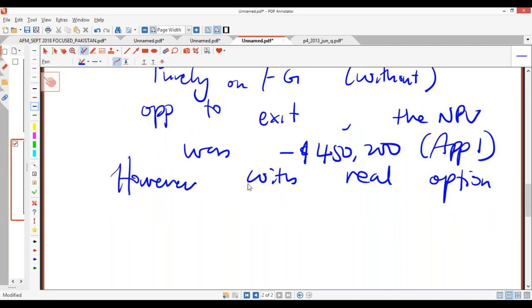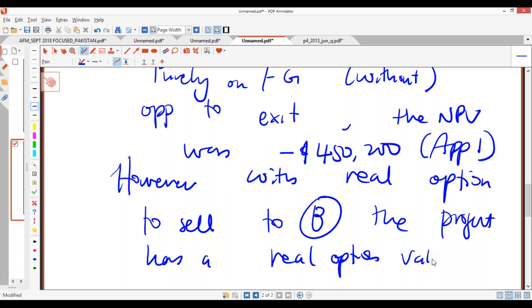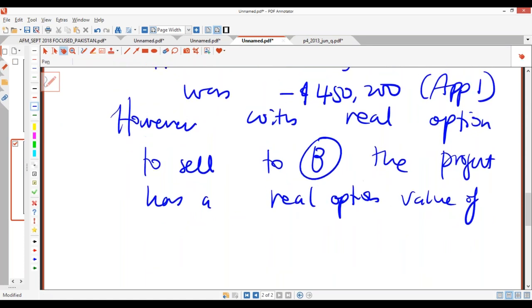However, with the real option to sell to Balut, let's put B for Balut, the project has a real option value of around 3.5 million.